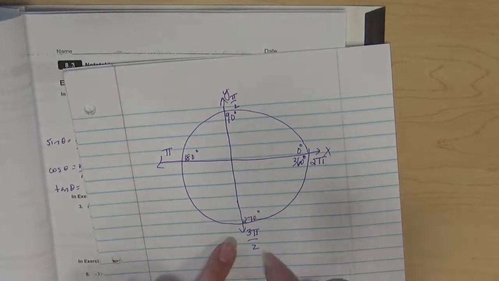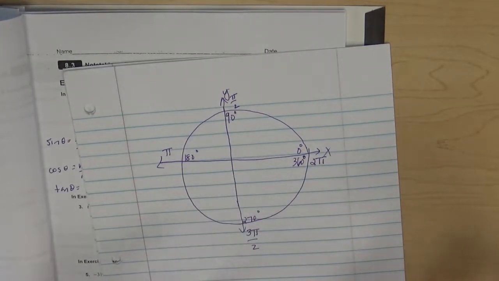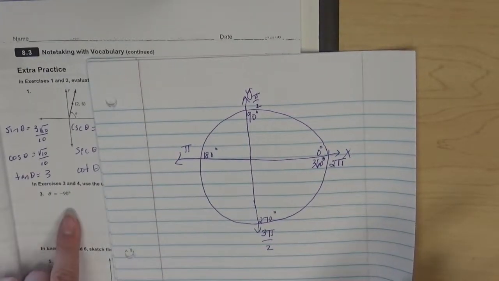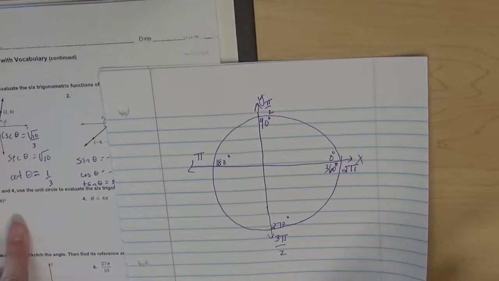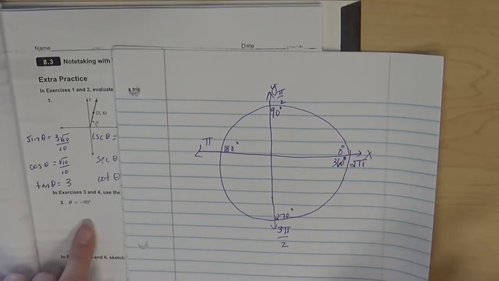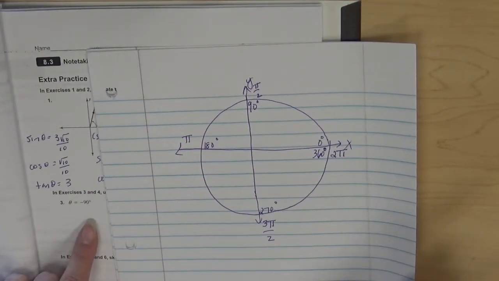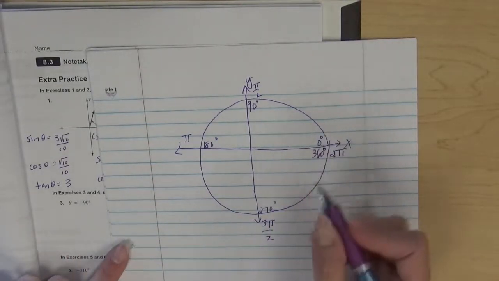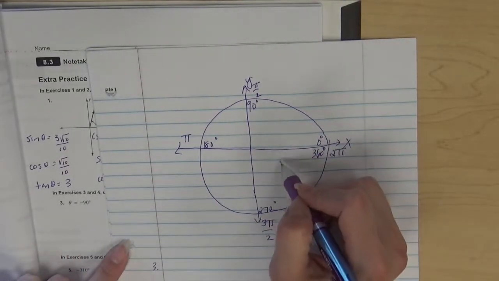Okay, so they're either going to be one of these values or a multiple of one of these values. So for number 3, -90 degrees. They want us to find all 6 trig functions of -90 degrees. Remember, if it's a negative degree, you're going to go clockwise. So for number 3, I need to go back.